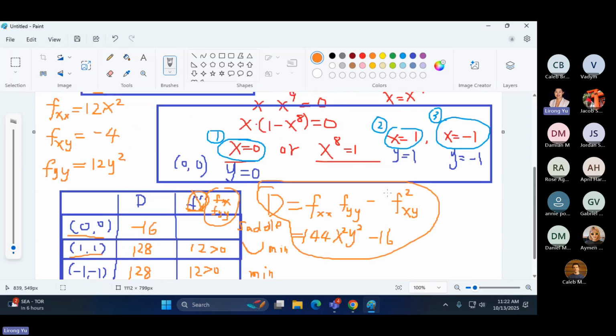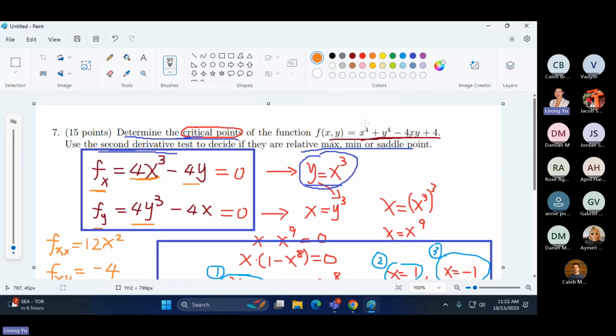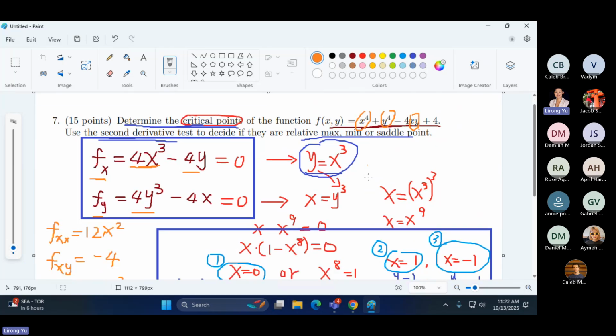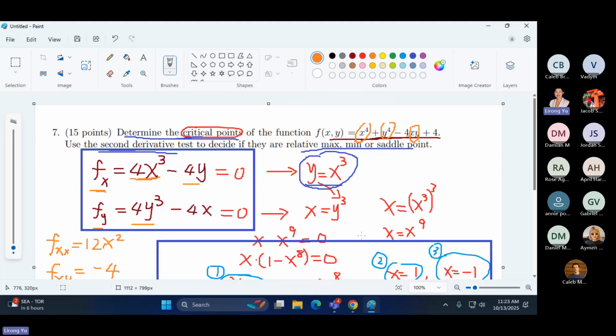It's easy to tell why this is the case, because if x is equal to 1 or negative 1, these are causing them to have the same answer. Negative 1 times negative 1 or 1 will be the same, so they have exactly the same value. If one of them is a minimum, of course, the other has to be a minimum since they have the same value. And that's all the answer for question 7.